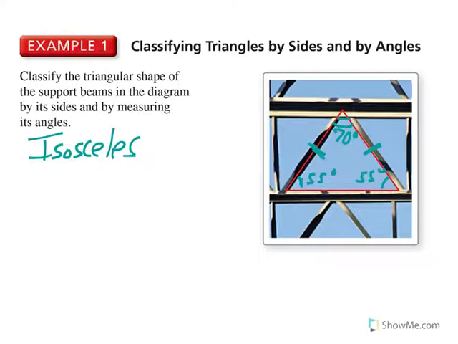So I have 2 angles that are the same, but ultimately when we're looking at angles, we're looking for, are they all less than 90? Do we have one that's equal to 90, or do we have one greater than 90? Or are they all the same? They're not all the same, only 2 of them are, so it's not equiangular. But they are all less than 90 degrees, so that means this is going to be an acute triangle. So it's isosceles and it's acute.